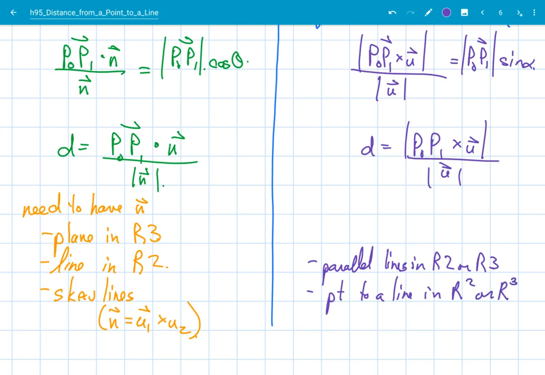If you have the Cartesian equation of the line in 2 space, then you might as well use the other formula. But here are the key formulas.